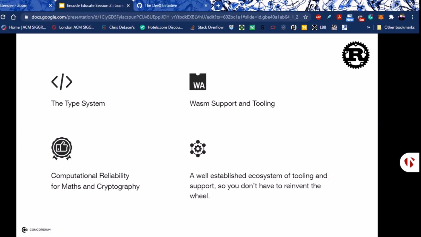WASM supports Go, Haskell, Scala. There are many different targets for WASM, but Rust has the best tooling for WASM at the moment. So that's why, again, all of these considerations make developing smart contracts a really exciting proposition on the Concordium platform.